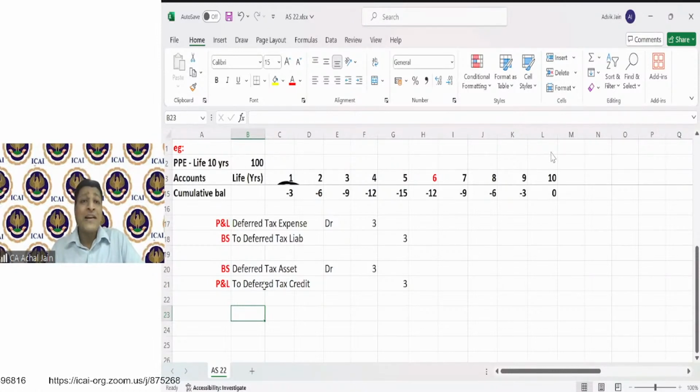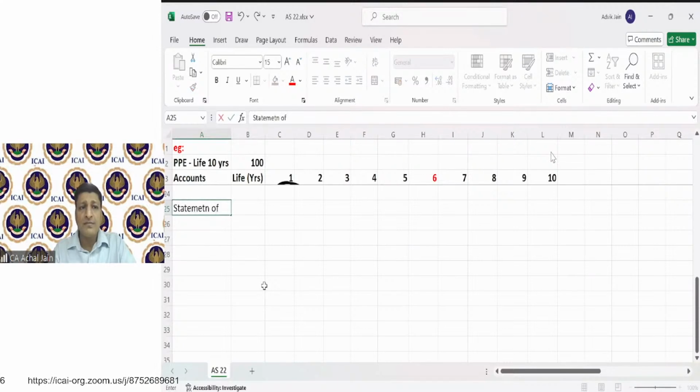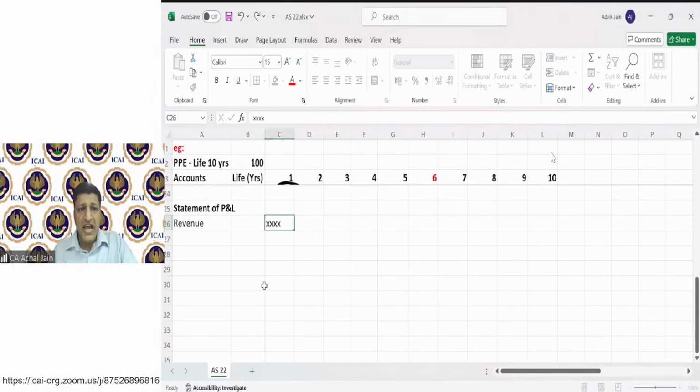Now, let's try to quickly discuss the tax expense. In the P&L, let me just put down P&L. So let's suppose there is a statement of P&L. Now, in the statement of P&L, what will you have? You will have revenue, X amount.